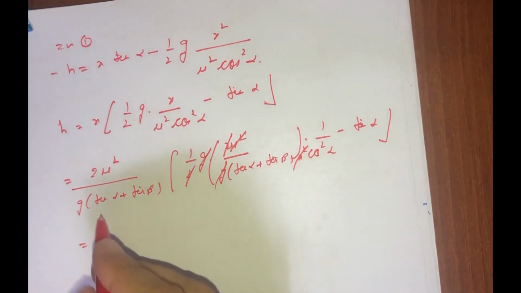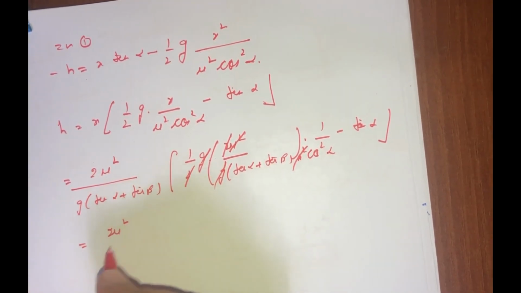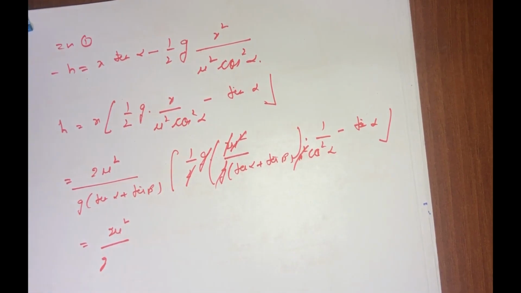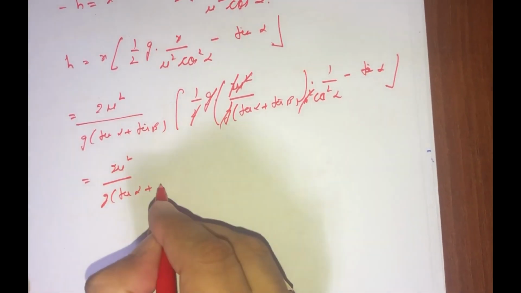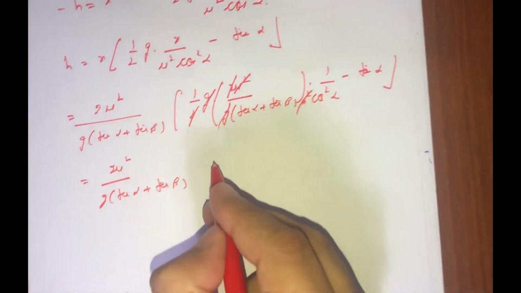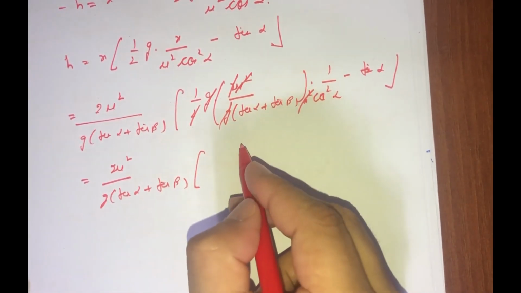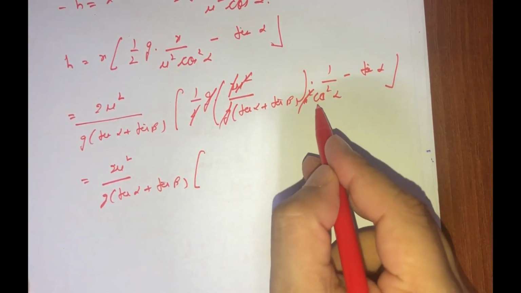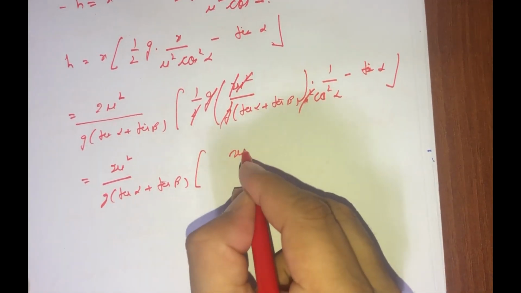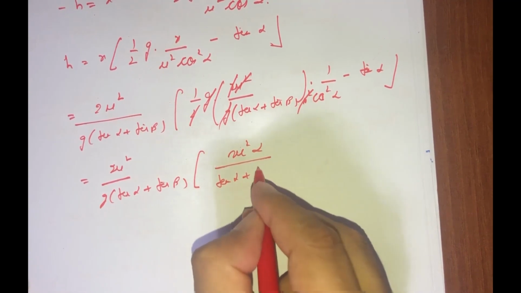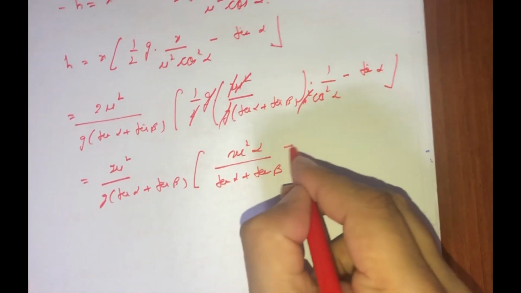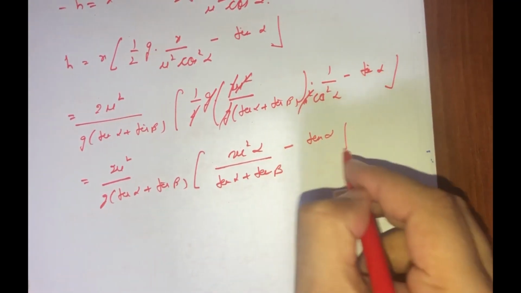So we are left with 2u square over g tan alpha plus tan beta, multiplied by secant square alpha divided by tan alpha plus tan beta minus tan alpha.